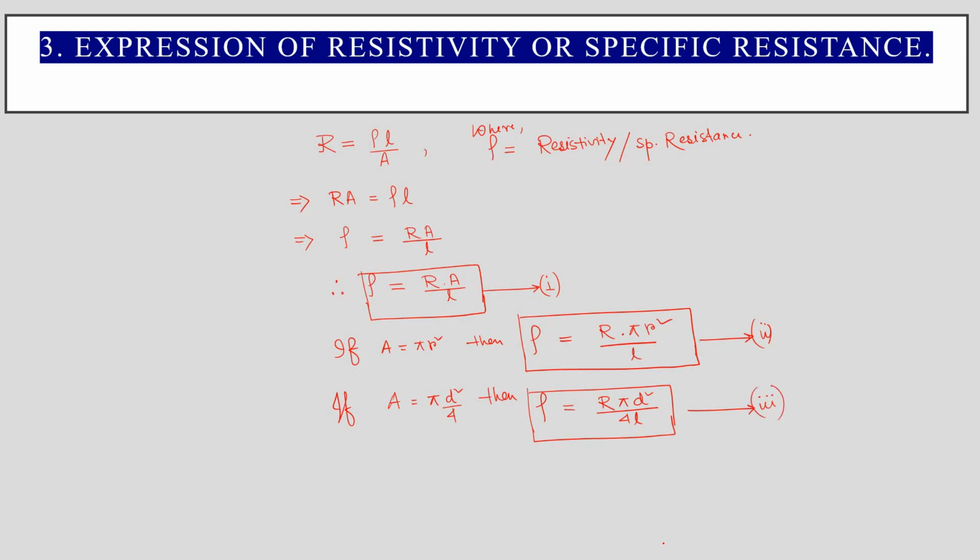These are the three forms of the expression of resistivity. So for defining the resistivity we can use any one of them. In the next slide we will explain the definition of the resistivity using equation 1.